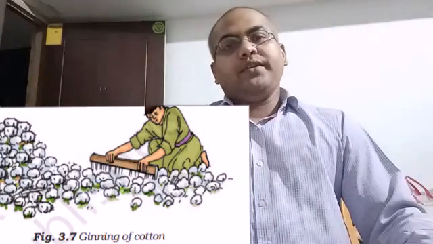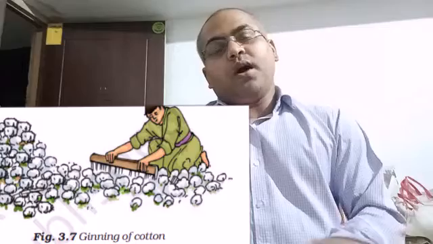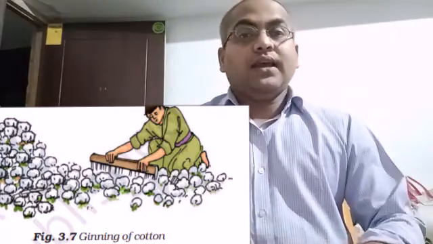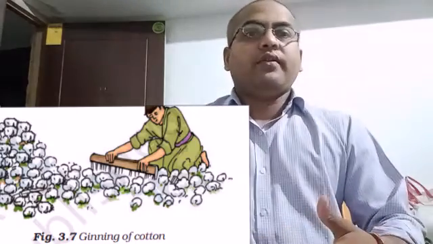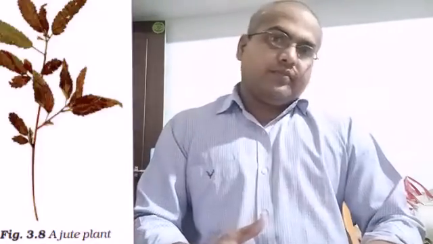The bacteria in the water start acting on the sticky material present in the stem, and gradually the bark separates from the stem and the gummy material is removed. This process is called retting.